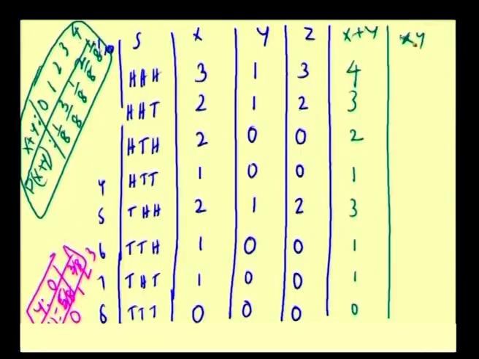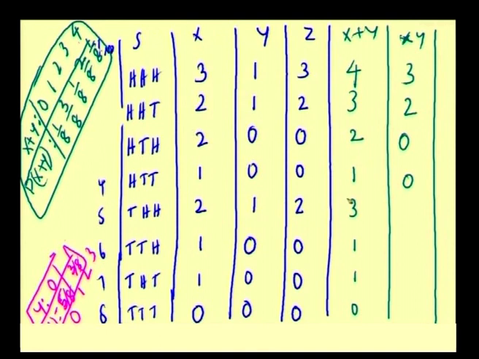Now, the last subdivision you are asked to find is the probability function for xy. Xy is just multiplying x and y values respectively. 3 into 1, 3, 2 into 1, 2, 0, 0, 2 into 1, 2, then correspondingly you have 0, 0, 0.